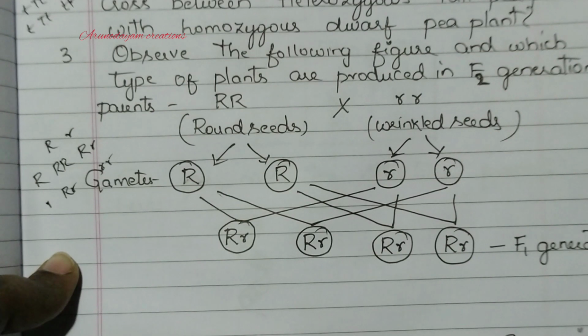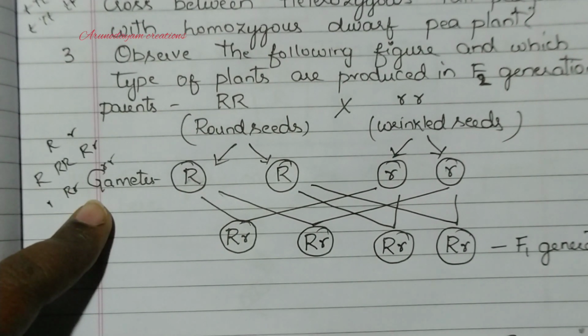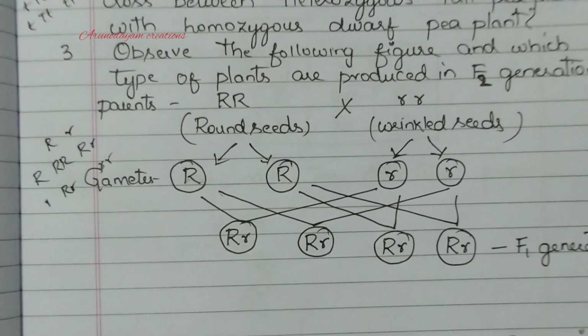So we will get both round seeds and wrinkled seeds. We will get 3 round seeds and 1 wrinkled seeds producing plants.